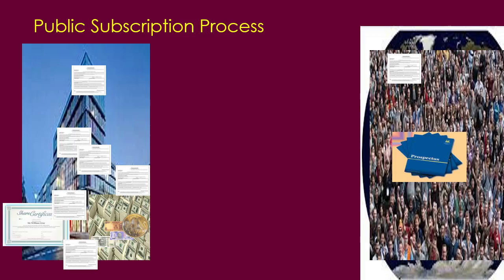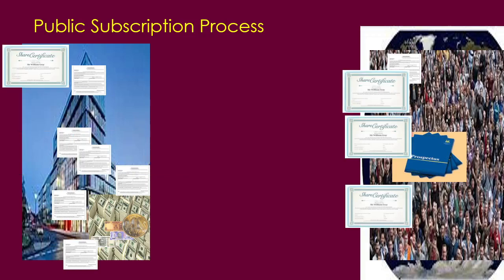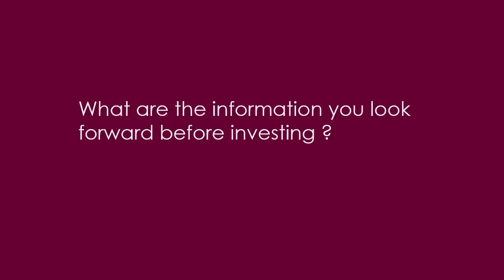After getting these amounts, the company will issue share certificates to the general public. Here you should remember the document that is prospectus, which is the basis for the entire process of a subscription, the entire process of collecting funds from the general public. Prospectus is an invitation to the general public.